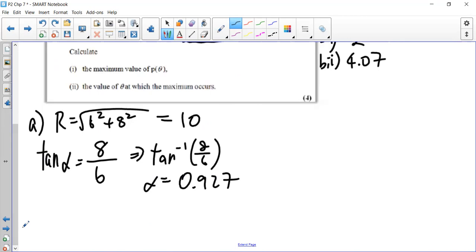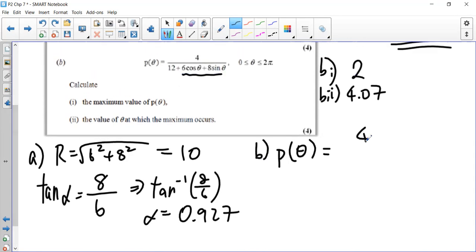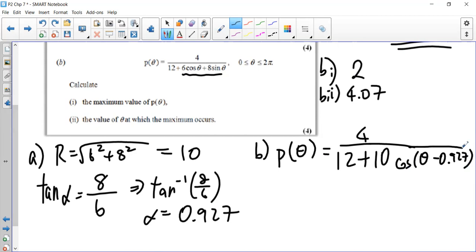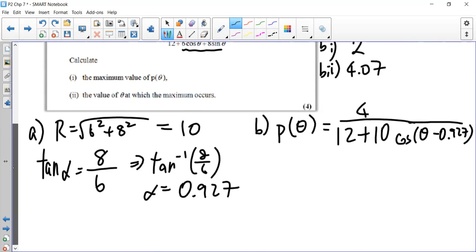So I can change it in P of theta. So instead of writing P of theta equals 4 over 12 plus 6 cos theta plus 8 sin theta, I'm going to write what I've got for part A, which is 10 cos theta minus 0.927.